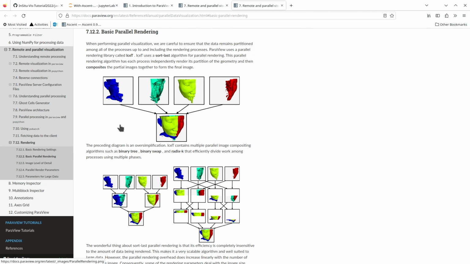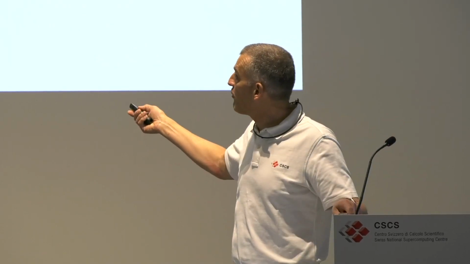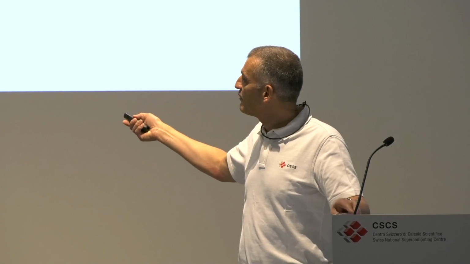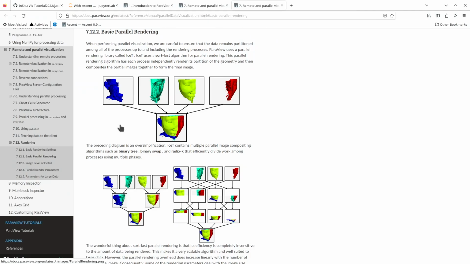So from the client's point of view, it's transparent. You can have 4 compute nodes, or you can have as many as you want. The final composited image is one only and is sent to the client.